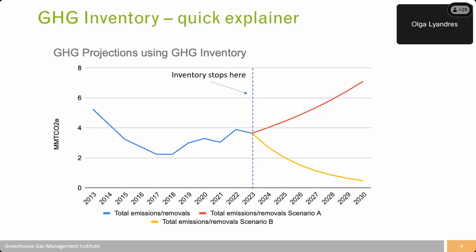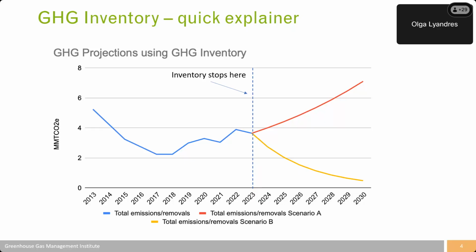The blue line that you see shows what an inventory ultimately will look like. It goes back to a particular year. In the case of Oregon, we will be starting the inventory in 1990. And it shows the overall sum of all emissions and removals that have occurred within the set boundary.